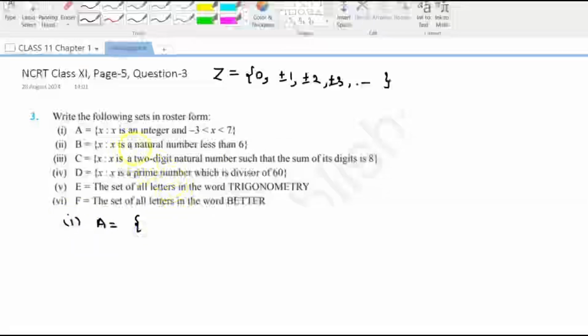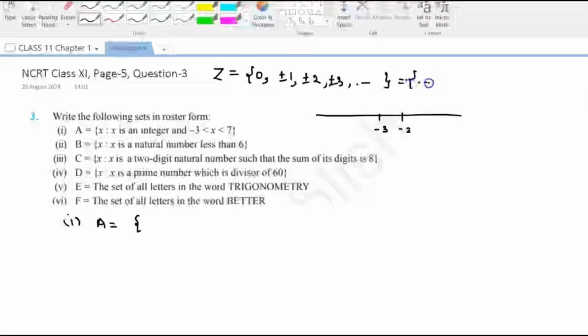A is equal to, it's an integer and it is greater than minus 3. So minus 3 is not in the set. I'm so sorry. Minus 3, after that we will get minus 2 in the integers.